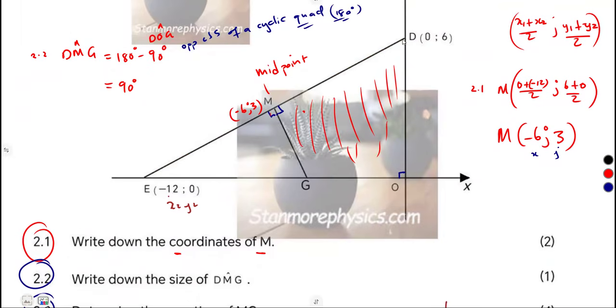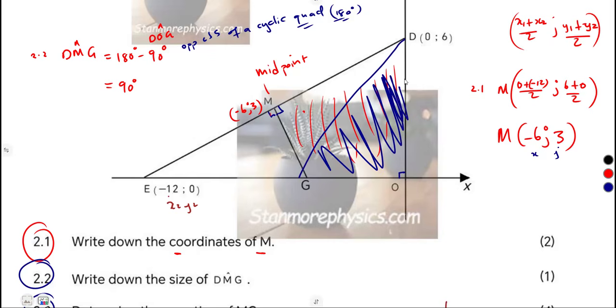Or I can divide from D to G like this, find the area of this right-angled triangle DOG, and add it to the area of the right-angled triangle DMG.